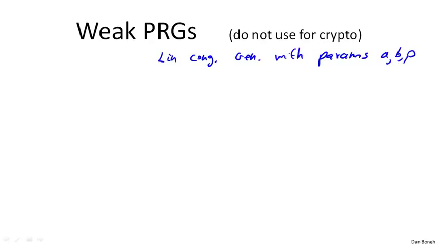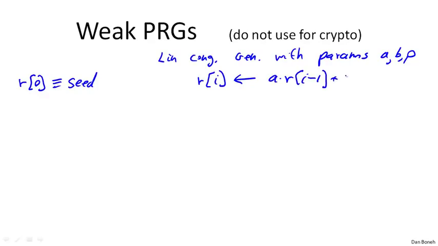And the generator is defined as follows. I'll say r0 is the seed of the generator. Then the way you generate randomness is you iteratively run through the following steps. You compute a times r_{i-1} plus b, modulo p.